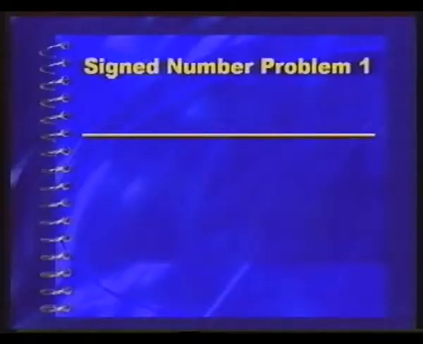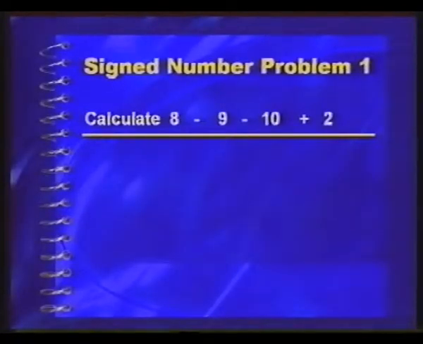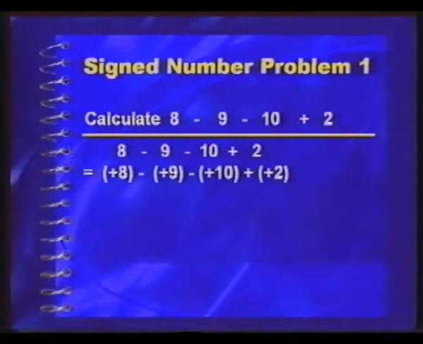Now, with signed numbers, what they generally do is they leave off the brackets. That makes it a little bit more difficult. You can put the brackets in and then do your work. That's what I've done here. Example. Here we've got a typical signed number problem without those brackets. We can actually put them in, like I said before.